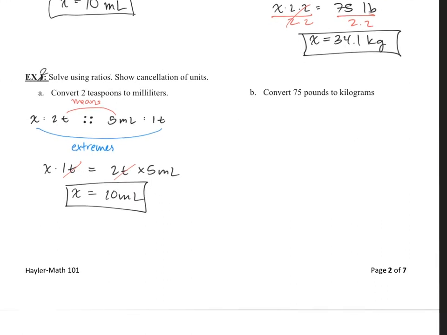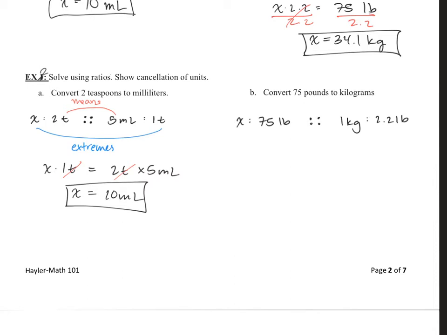All right, setting up B, we have the unknown quantity over the known quantity, 75 pounds. Set that equal to the conversion factor that we know. Okay, and notice for the conversion factor, the first ones are the kilograms and the second ones are the pounds.